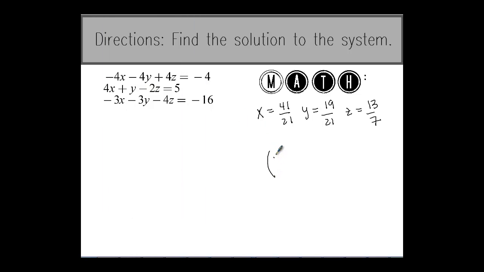Also remember, when we write solutions, we write them as a coordinate pair, so this would be 41 over 21, comma, 19 over 21, comma, 13 over 7. So now that we have a coordinate pair that is in the form x, y, z, we have accomplished the mission of this problem and we are finished.